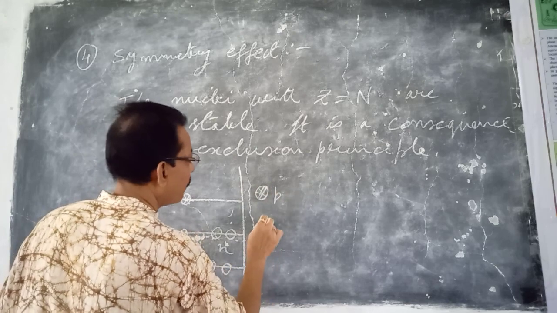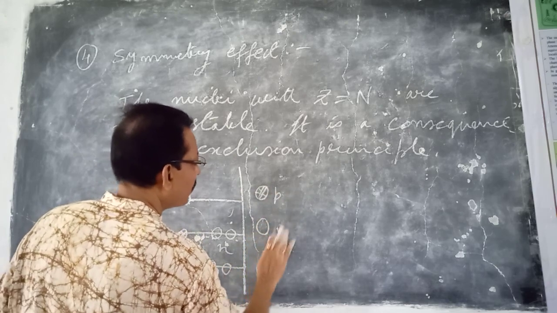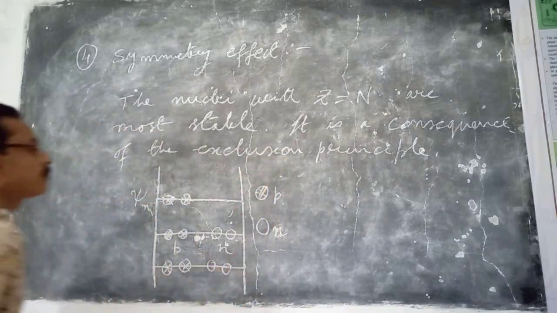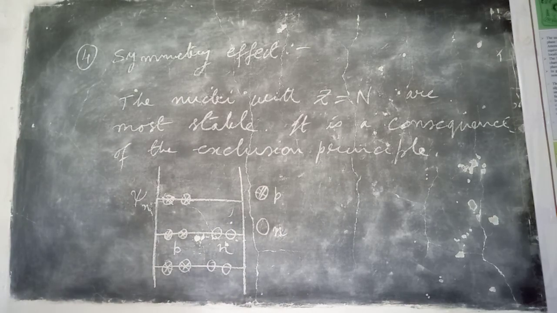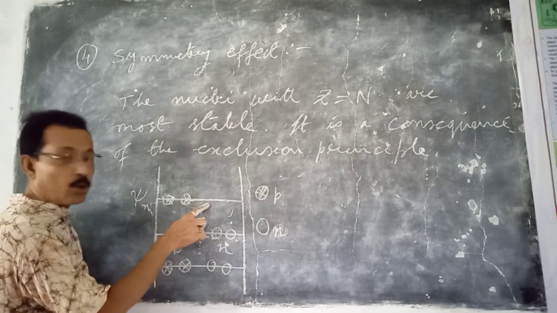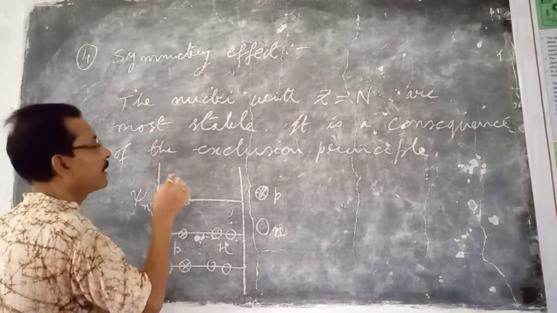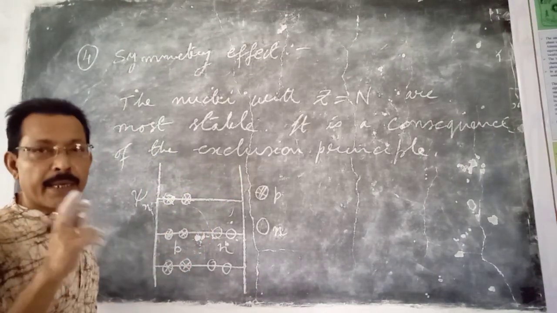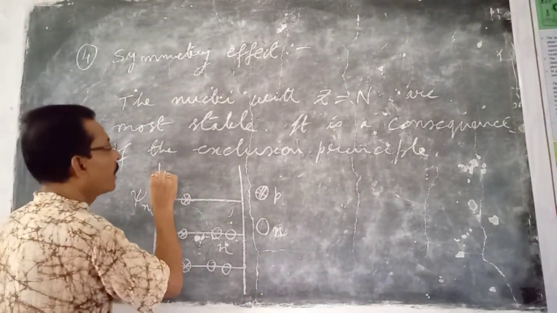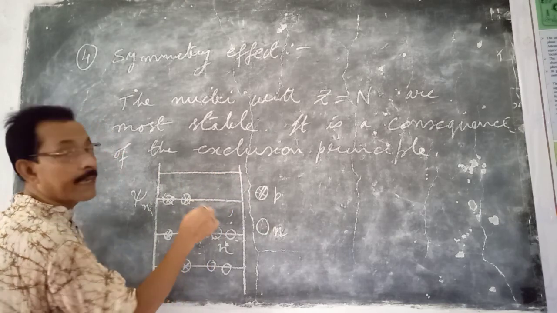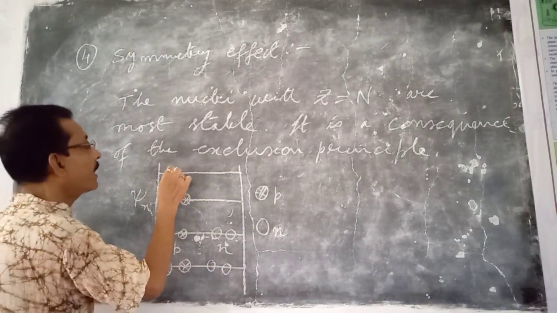These are protons and this is a neutron. Now, if we want to add a proton in this nucleus, the proton cannot stay here. We have to add the proton here.